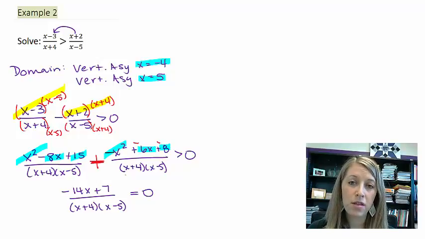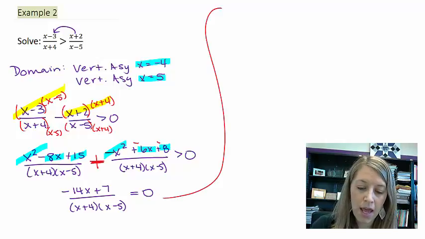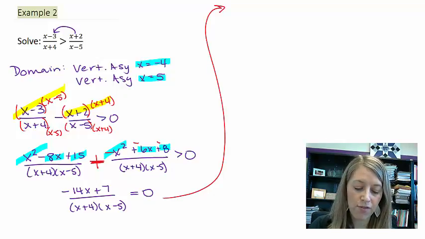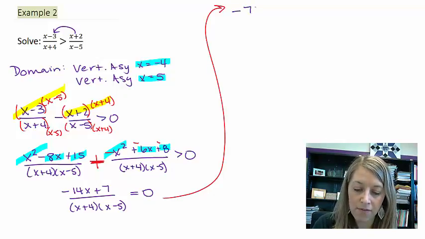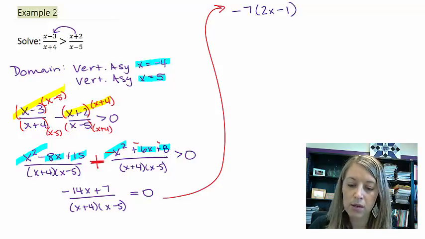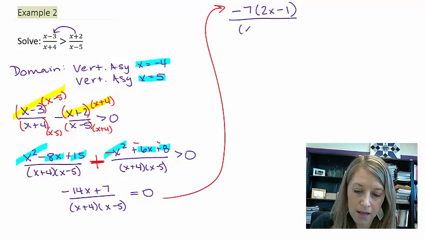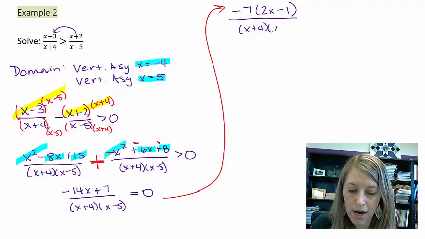Okay, I can simplify the numerator a little bit more by factoring out a common factor. So I'm going to factor out a -7, and that leaves me with a positive 2x minus 1. And I'm doing that, again, to simplify this for my sign chart. And that is over my LCD, x plus 4, x minus 5.